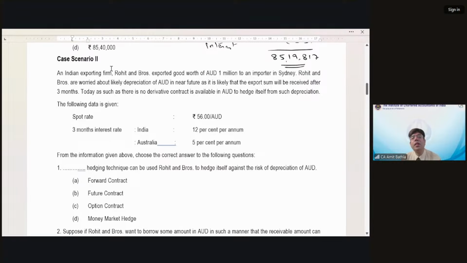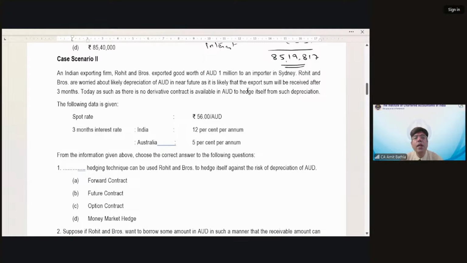Since it is an Indian exporting firm, they are expecting Australian dollars to come in, right? Which means they will be selling these Australian dollars to the banker. Rohit and Brothers are worried about likely depreciation of AUD in the near future, as the export sum will be received after 3 months.